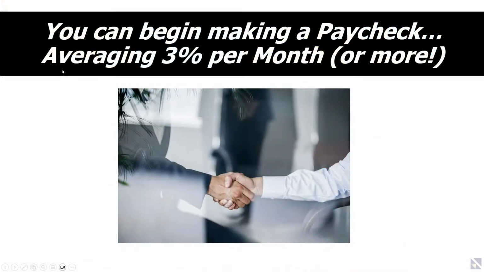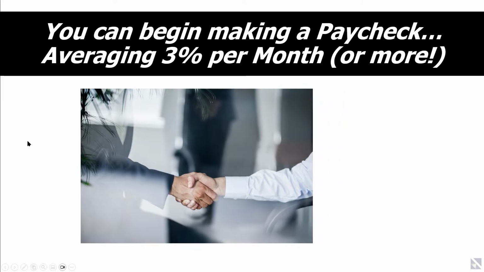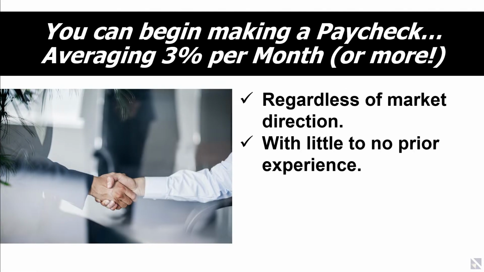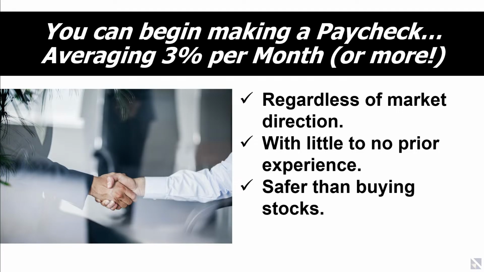Now in this webinar, you're going to see how you can begin making a paycheck averaging 3% per month or more. Keep in mind, you can do this regardless of market direction. It can be done with little to no prior experience with options. It's safer than simply buying or selling stocks, and it's something that you can implement quickly.